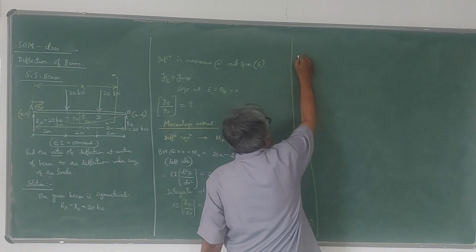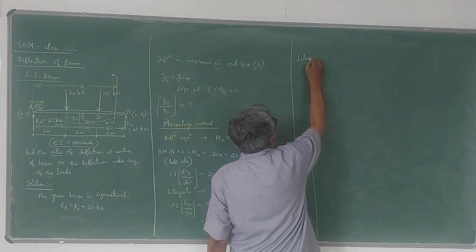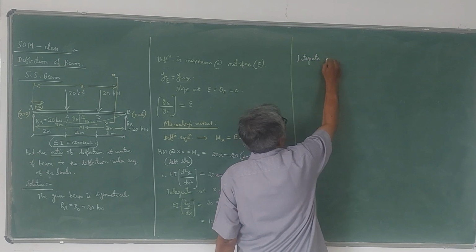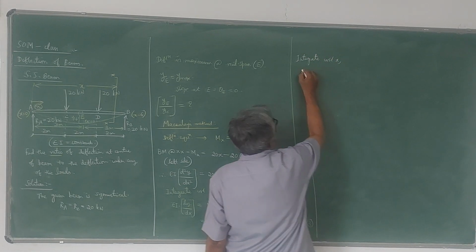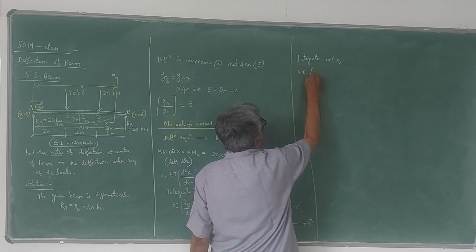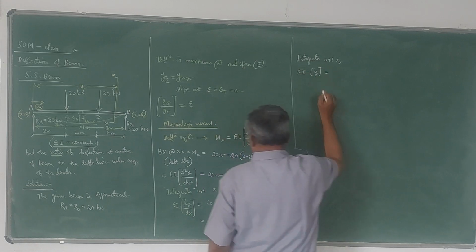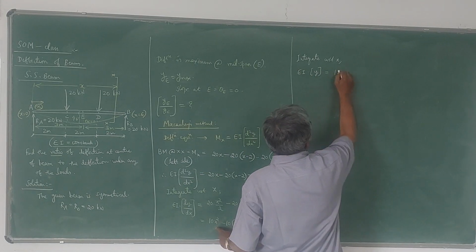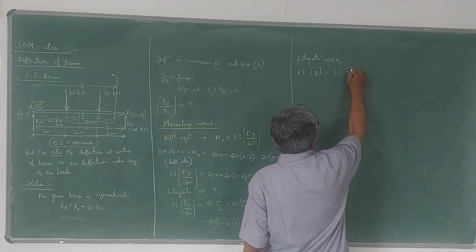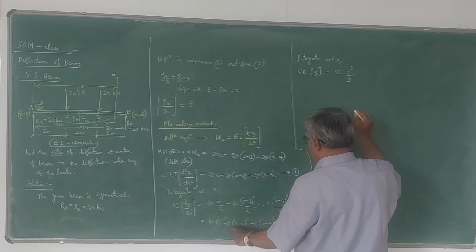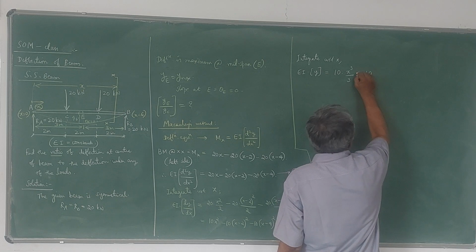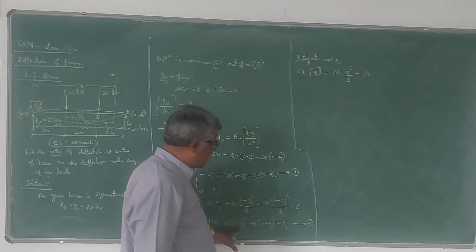So integrate once again with respect to x. So you will be getting LHS as EI into y, y is the deflection, equal to 10x square. If you integrate x square, it will be x cube by 3. Then minus 10 into, once again this x minus 2 is taken as x only.